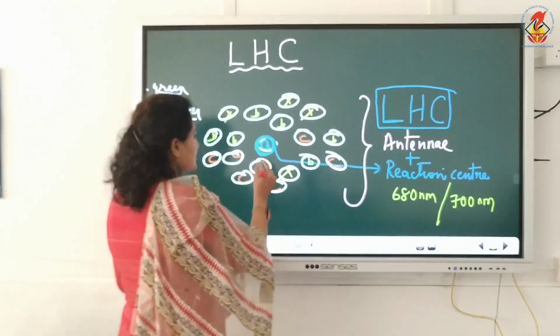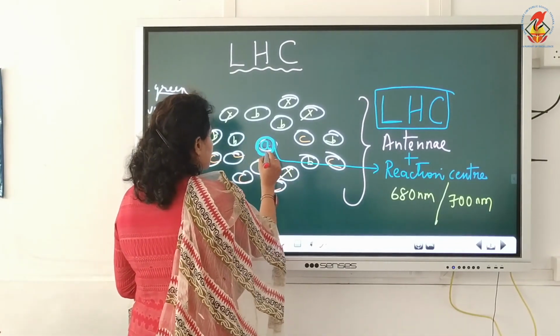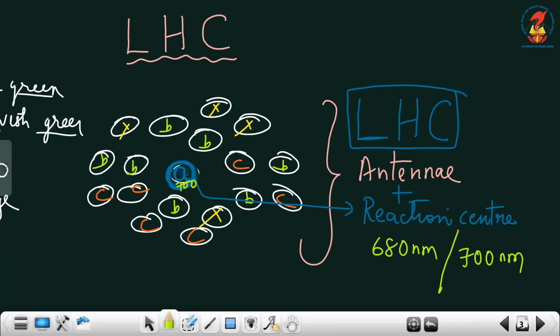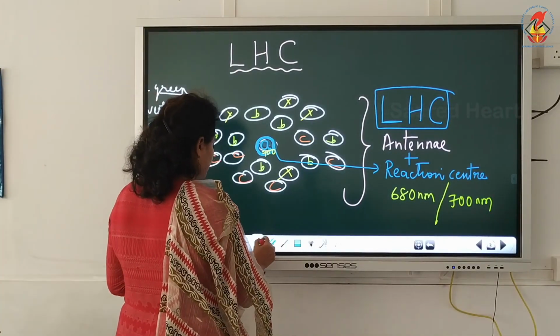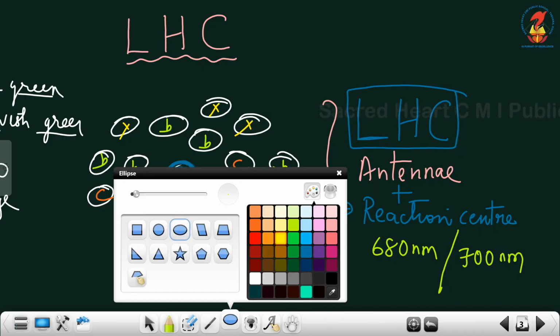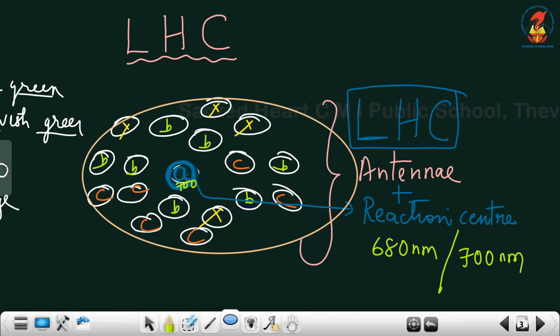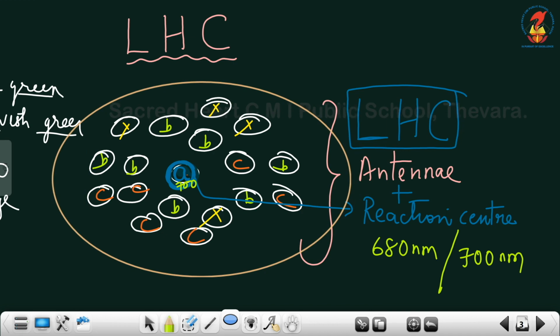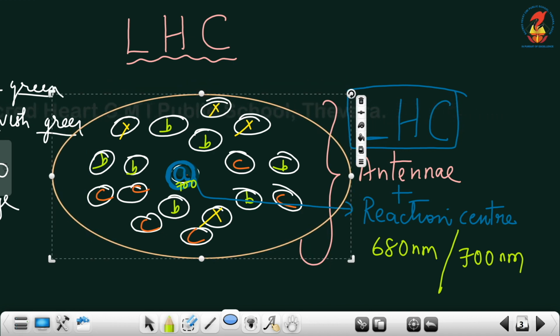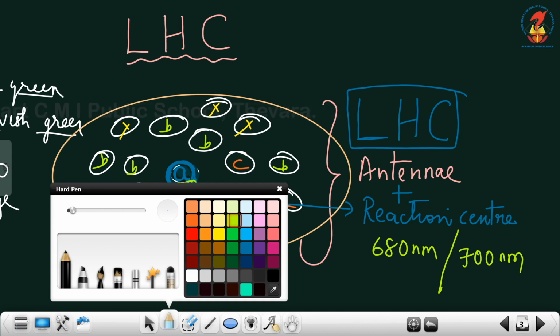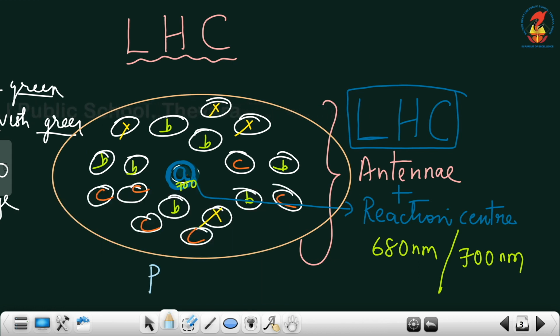If it absorbs light at 700 nanometers, this entire light harvesting complex will be called PS, photosystem 1. So, now this entire complex is called photosystem 1.